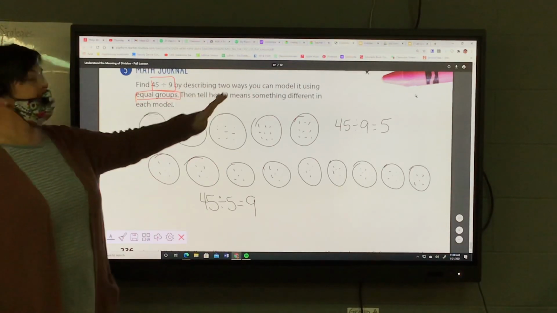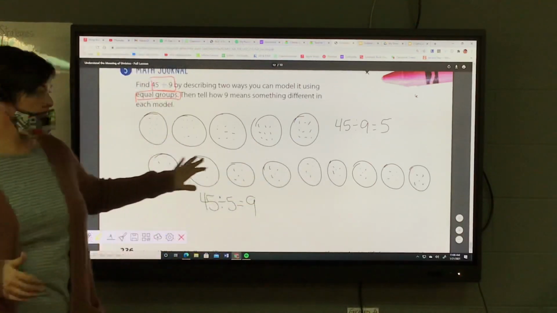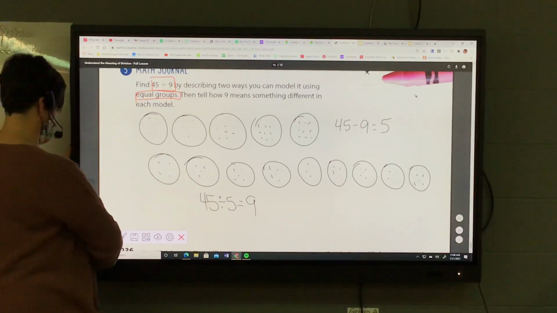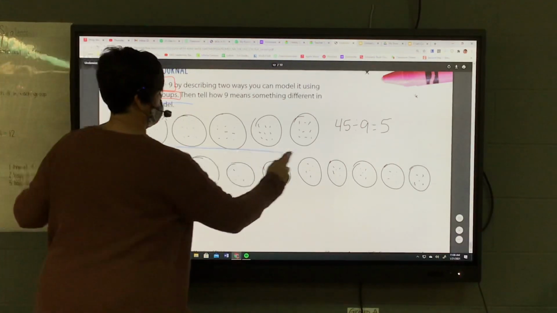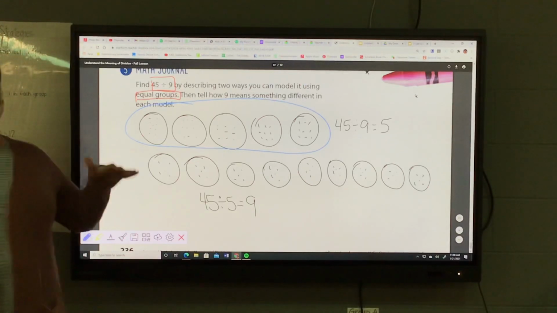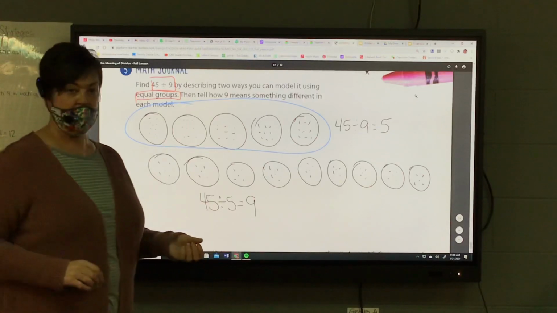Now, the 9 means something different in each of these. What does the 9 mean here in this problem? How many in each group? The 9 means there's 9 in each group.